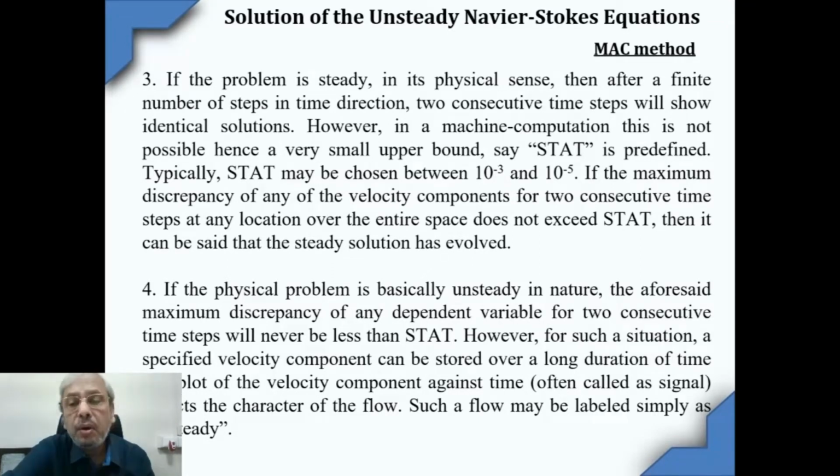It is not possible. So there will be a small difference even if it is converged. So that is why we specify a very small number as the upper bound. Let us call it a variable stat. Specifically, stat may be chosen between 10 to the power minus 3 and 10 to the power minus 5. That is good enough.